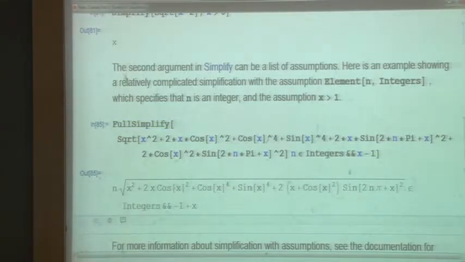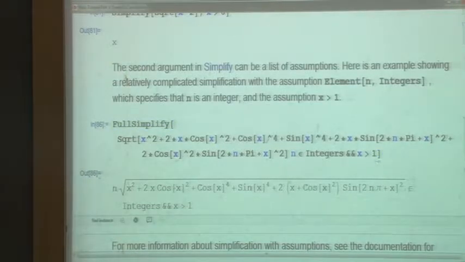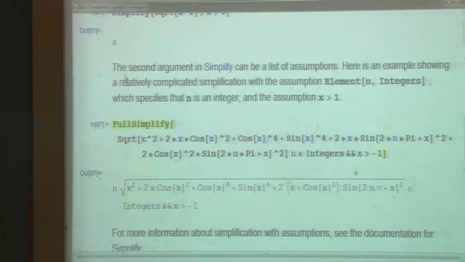Oh, sorry, my mistake. Why is it not working? A comma. Oh, my mistake, sorry. Yeah, those are correct.